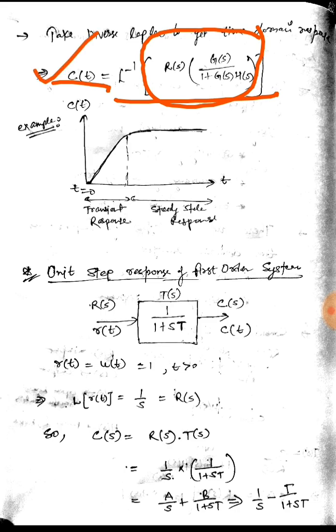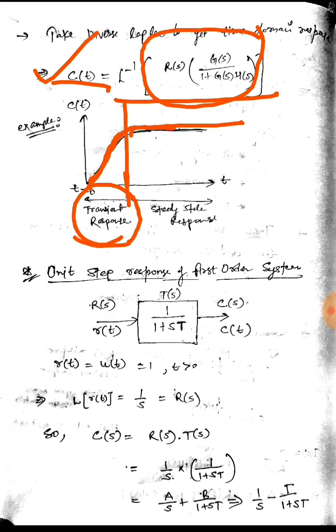In time domain, let's say, as a randomly taken example, this is our output c(t) with respect to time. Till this point it is increasing with time. This response is called the transient response, where the output of the system is changing with time.